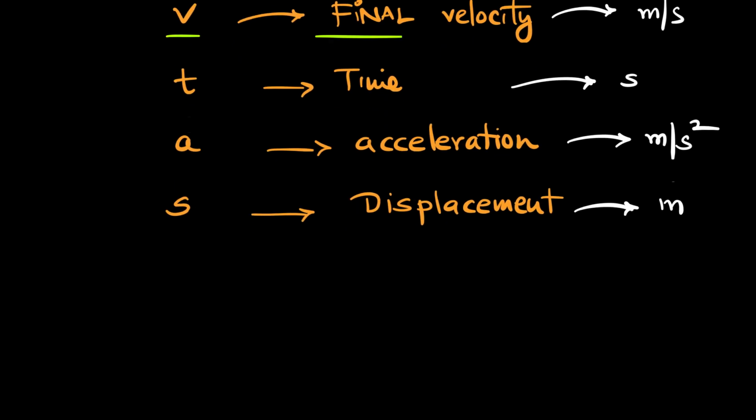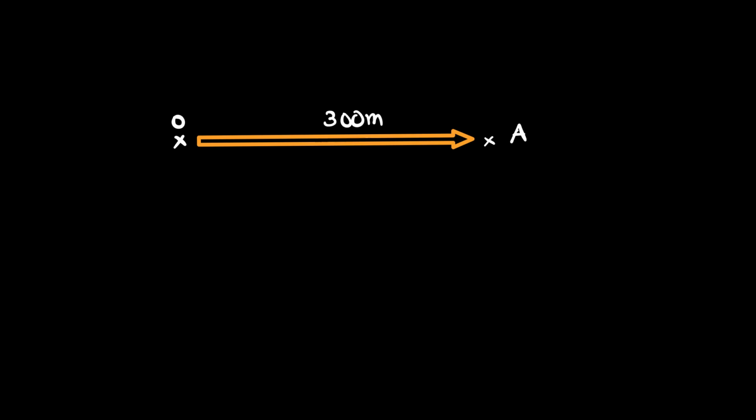Now, let me emphasize one more thing about displacement. If I talk about distance in one direction only, for example, a person has started from O and has reached A, and this distance is 300 meter.